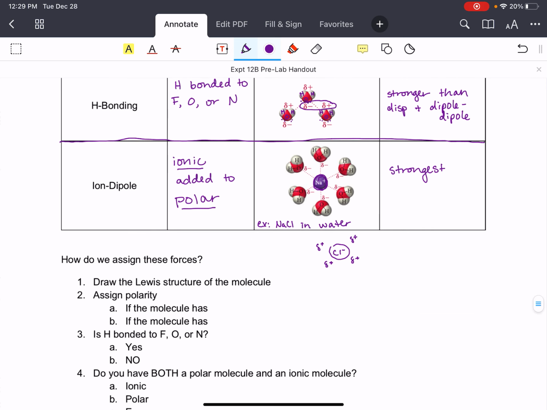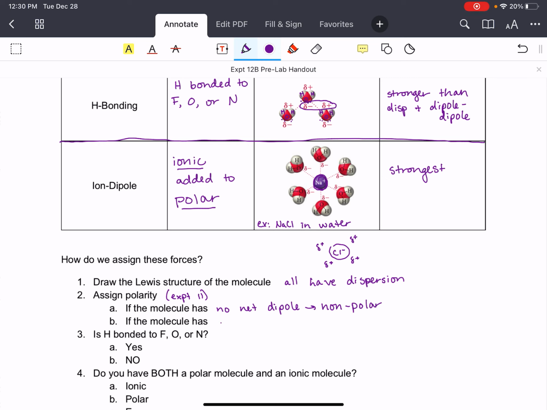So how do we assign the forces? It's based on the structure of the molecule. All molecules will have dispersion forces. Then we decide if our molecule is polar. This is something we practiced in Experiment 11. If the molecule has no net dipole, then it is nonpolar and it won't have dipole-dipole interactions.